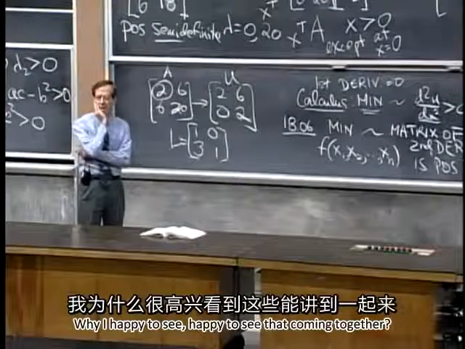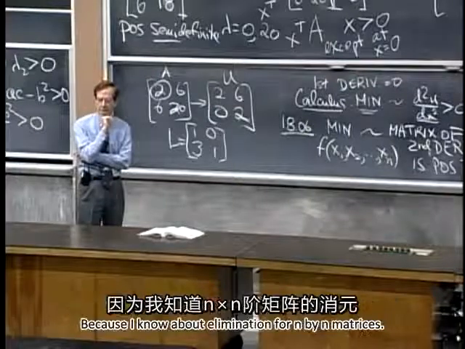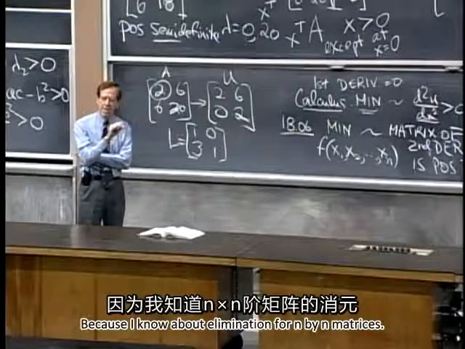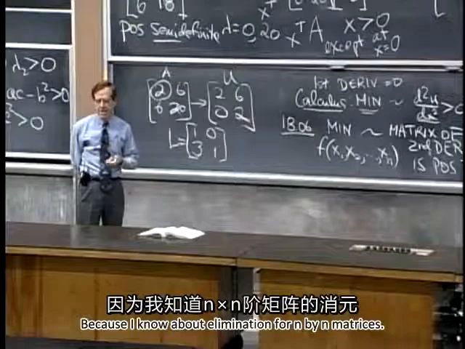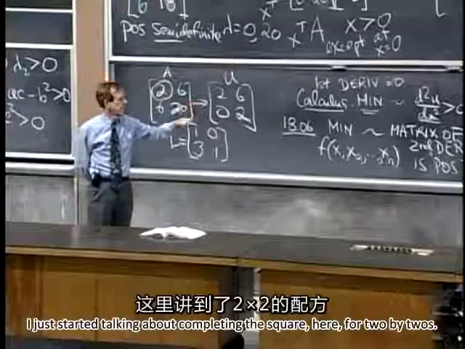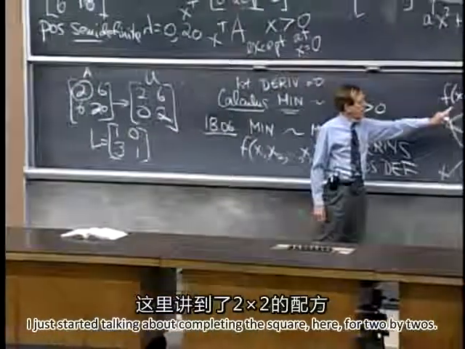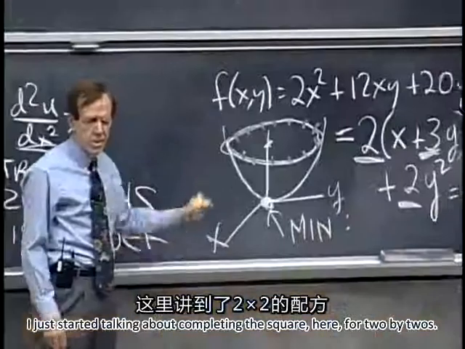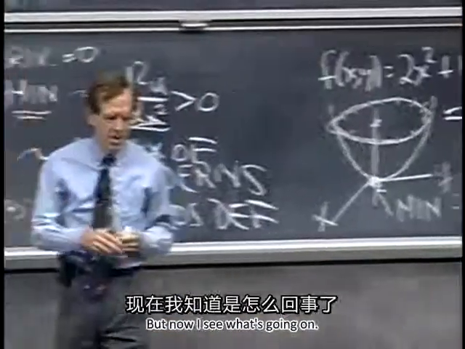Why am I happy to see that coming together? Because I know about elimination for n by n matrices. I've just started talking about completing the square here for 2 by 2s. But now I see what's going on.